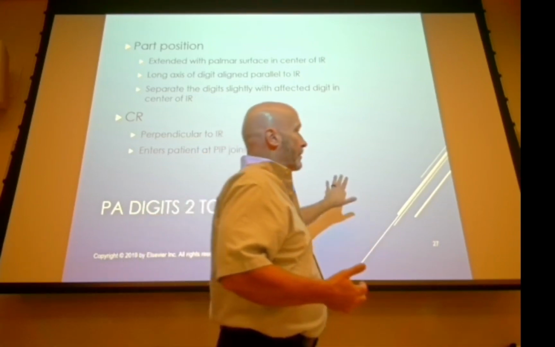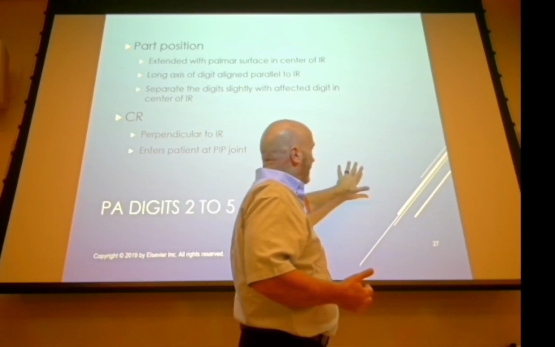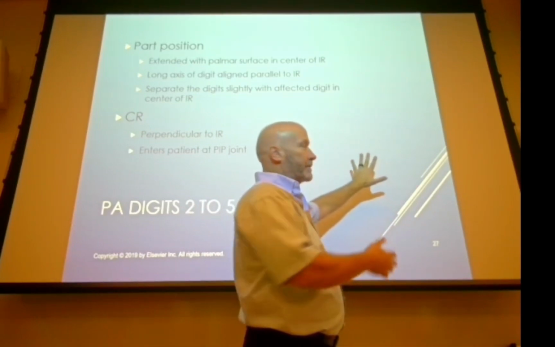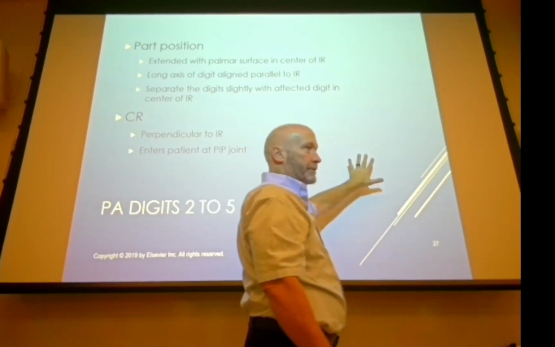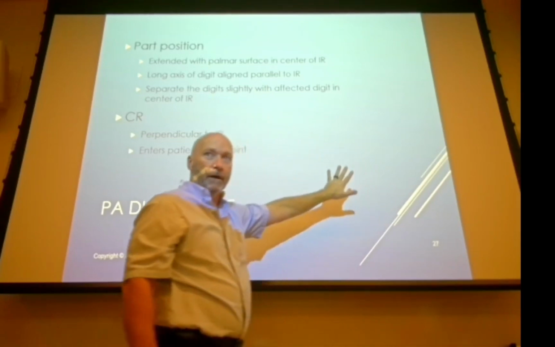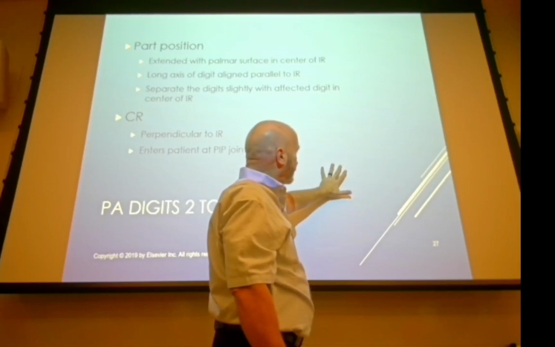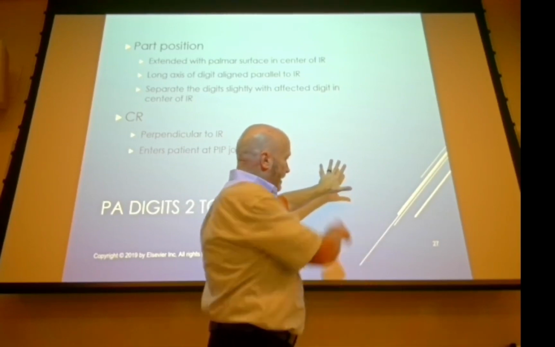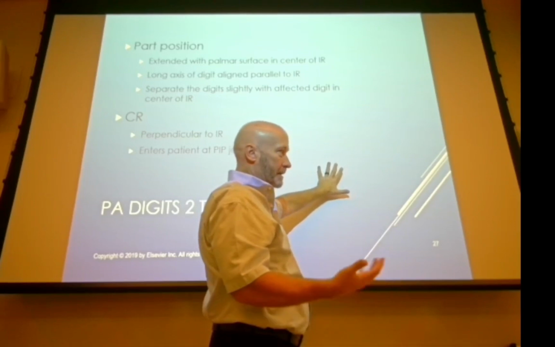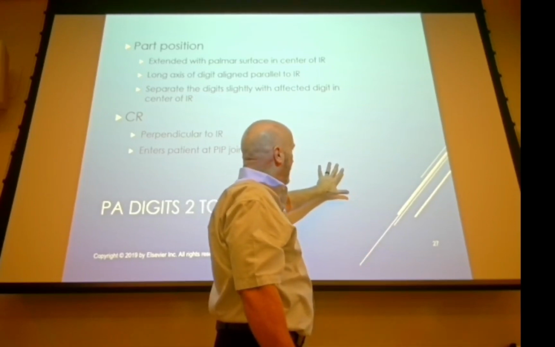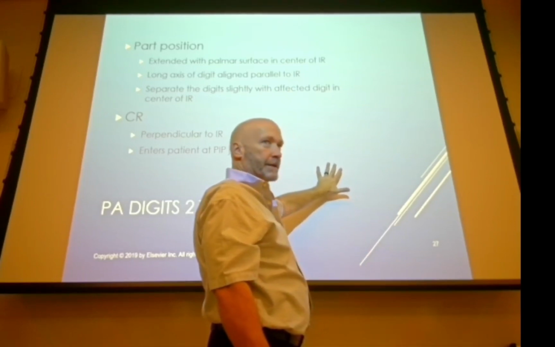Okay, so in the fingers, they're all the same. Our central ray is going to be to the proximal interphalangeal joint. For all of our PA, it's going to be PA projection. All right, so for all four of those fingers, and I'm still leaving the thumb out because it's got its own special thing going on, but that's going to be your positioning.